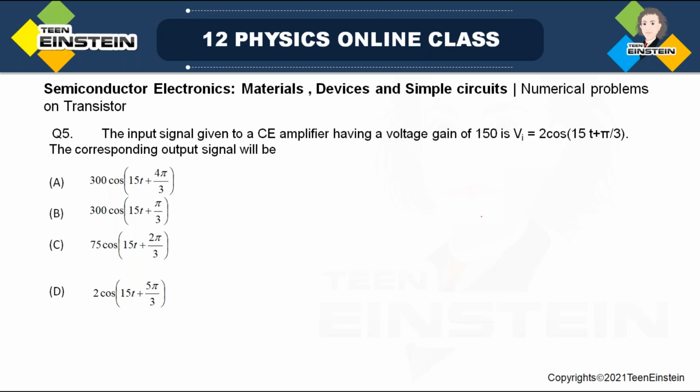Now input voltage is given. So what are the things given? I'll write once. You have been given voltage gain, denoted by AV, that is 150. So what is voltage gain? That is V output divided by V input.